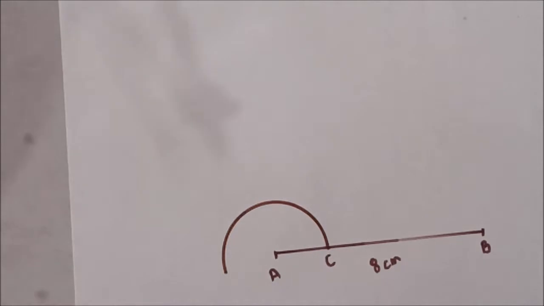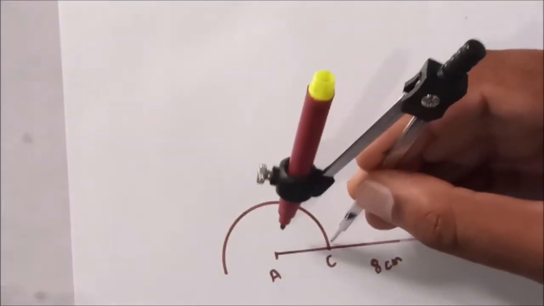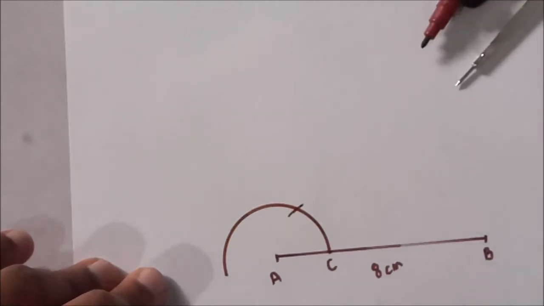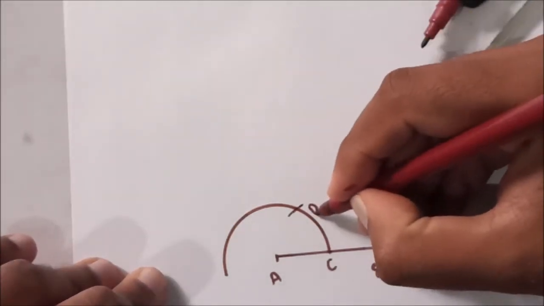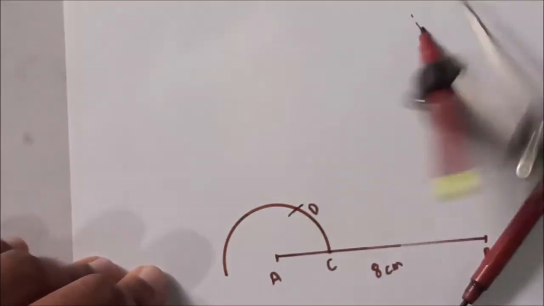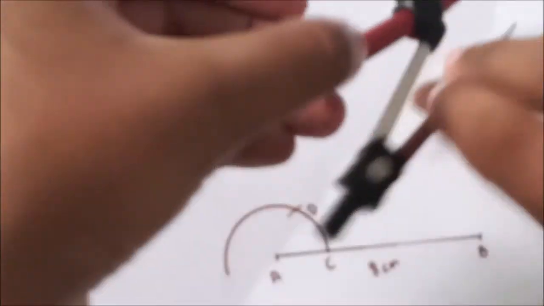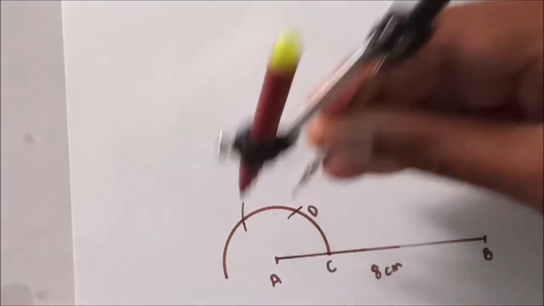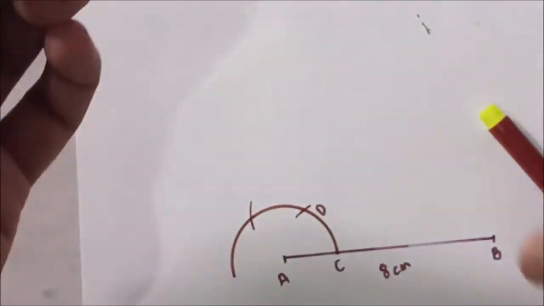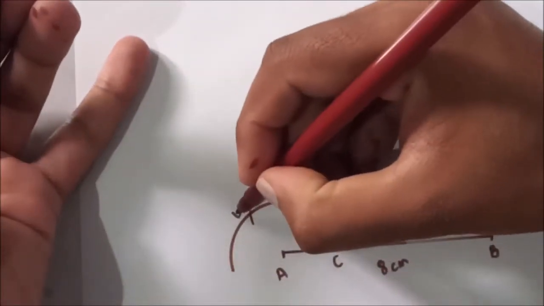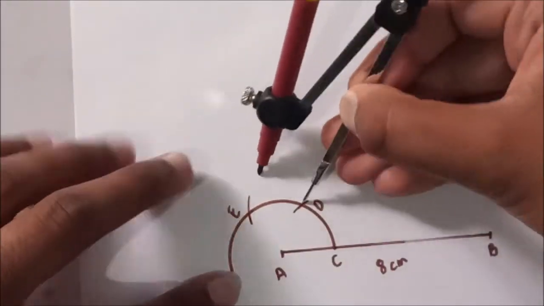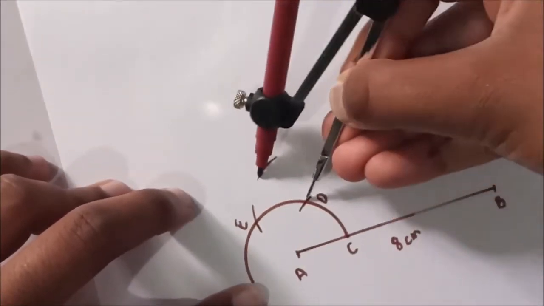Now from C, draw an arc, mark it as D. Now again this point, mark it as E. Okay, from D, make one arc.